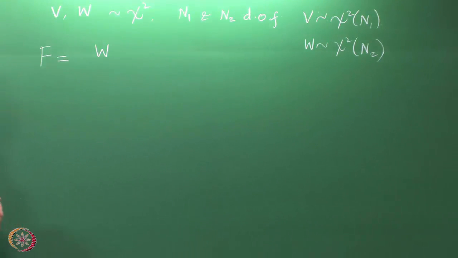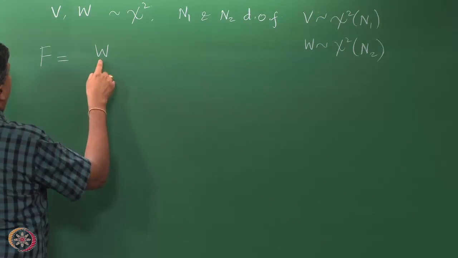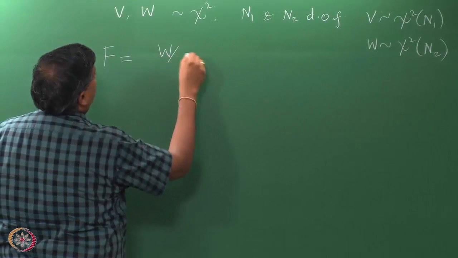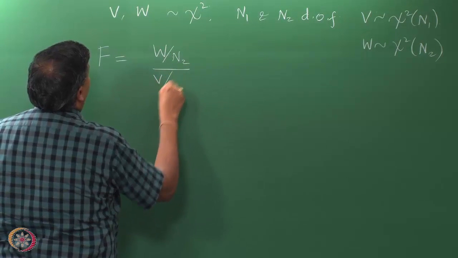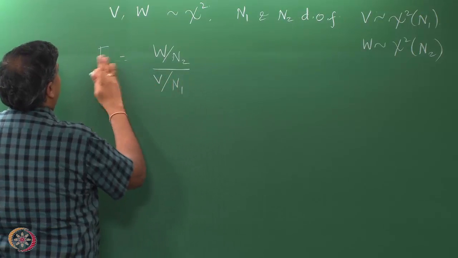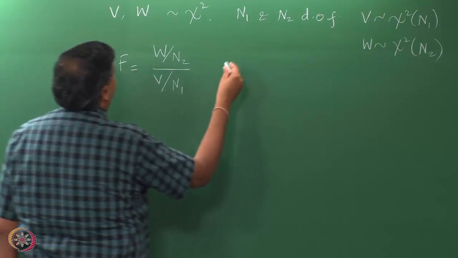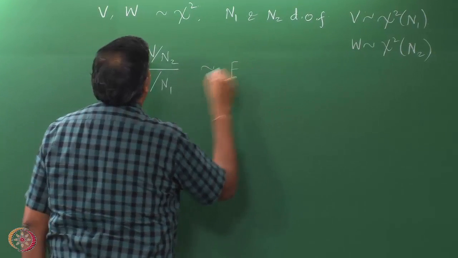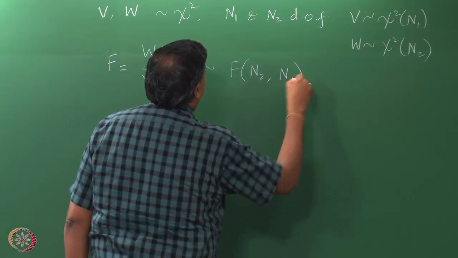When I have a set of two random variables such as these, then the ratio of W over N2 and V over N1. This ratio, let us say define this by F, follows an F distribution with N2 comma N1 degrees of freedom.